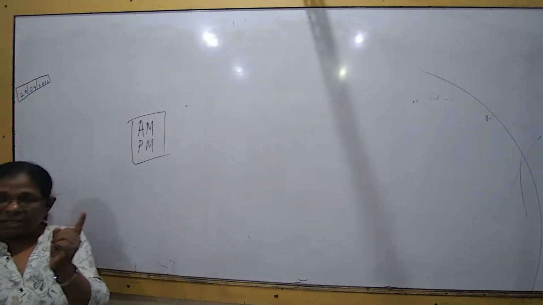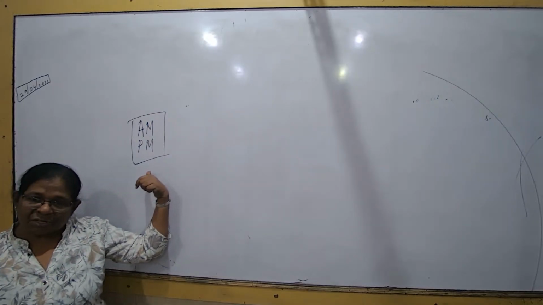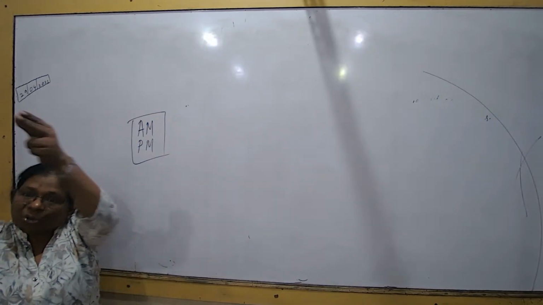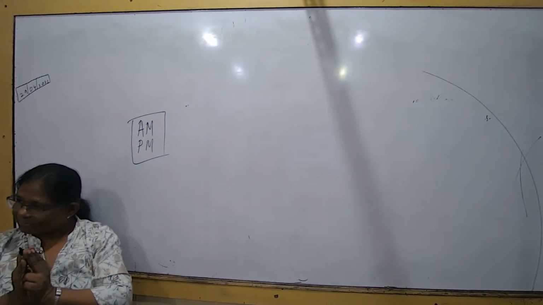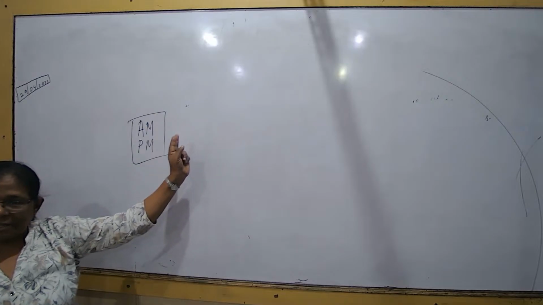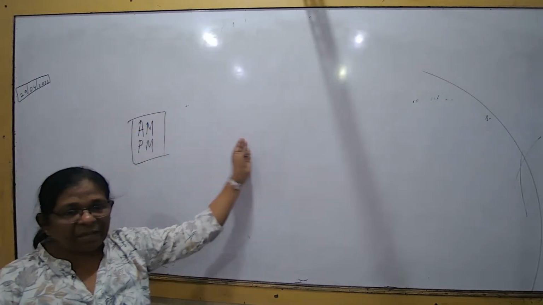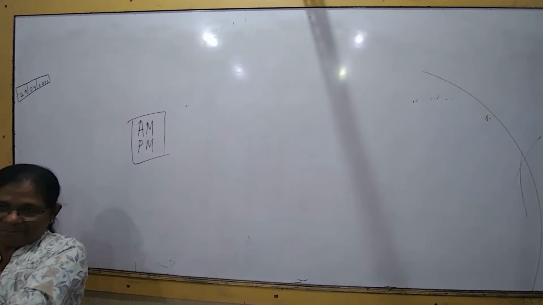So this 180 from eastward and 180 from this one westward joins at the same. So the 360 degrees are the 180 eastward and 180 westward, and then they meet at the same.